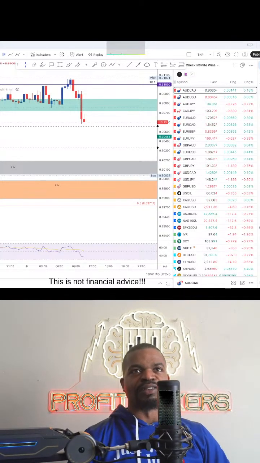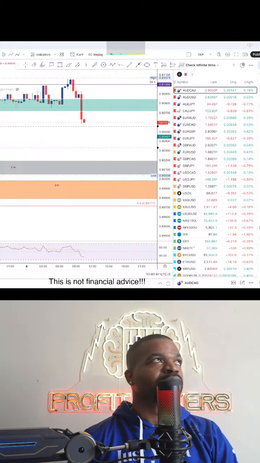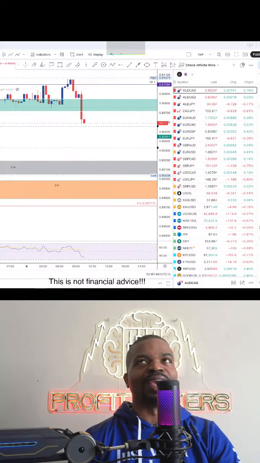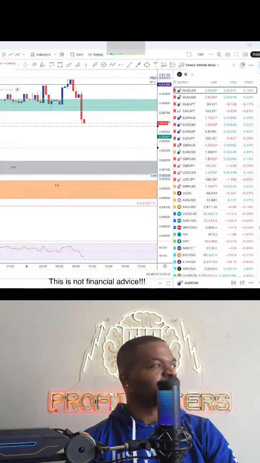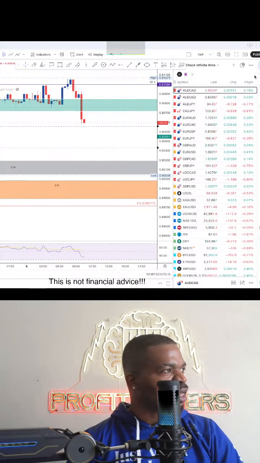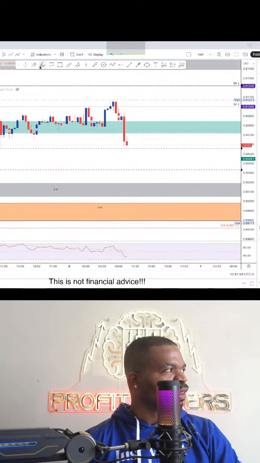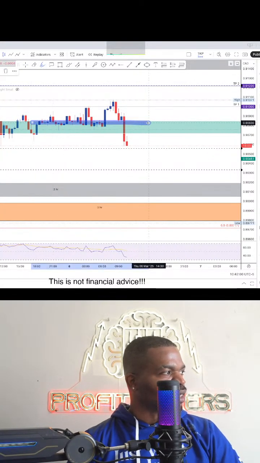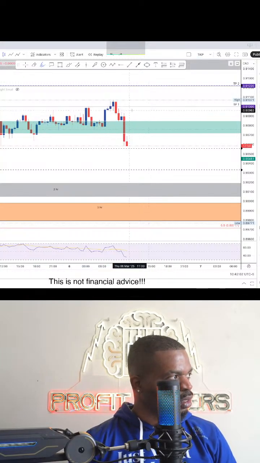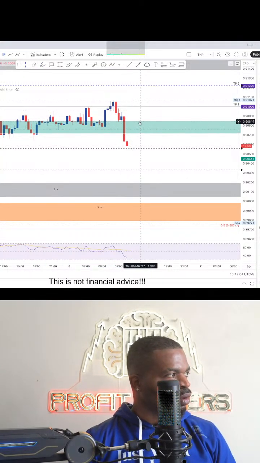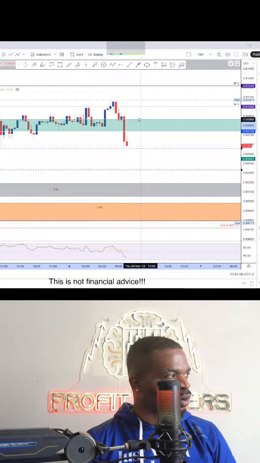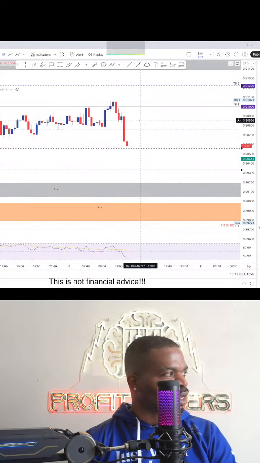So we're waiting on a reaction with this pair, AUD CAD. We got the break at that key level that we were looking for, right in here. So now what I want to do is place a limit order right here actually.